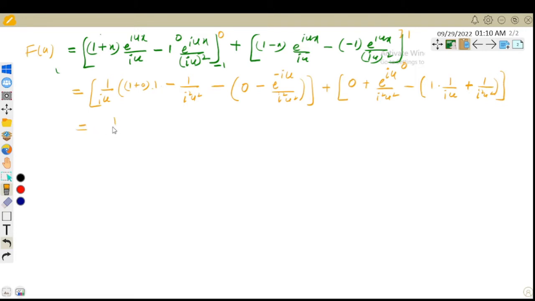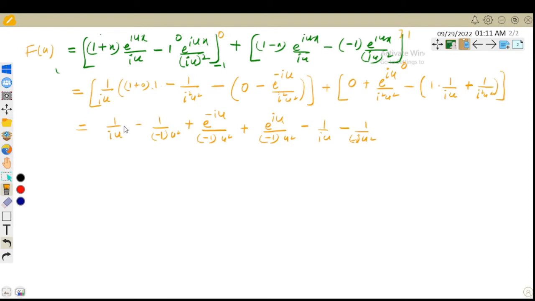Now this is 1 by iu minus 1 by i square, which is minus 1 into u square, minus minus plus e raised to minus iu divided by minus 1 into u square, plus e raised to iu divided by minus 1 into u square, minus 1 by iu minus 1 by i square, value is minus 1 into u square.